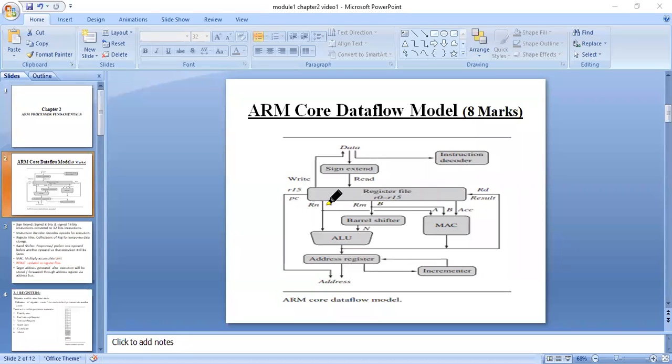Okay, so what happens? R1 will directly enter the ALU. What about R2? R2 will be here. Among these two, the reason I have chosen R2 via the barrel shifter is that R1 is directly converted into 32 bit, whereas for the R2 value, that is the operand 2 value, first the 2's complement is calculated.